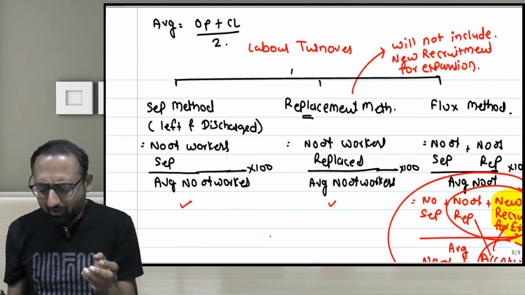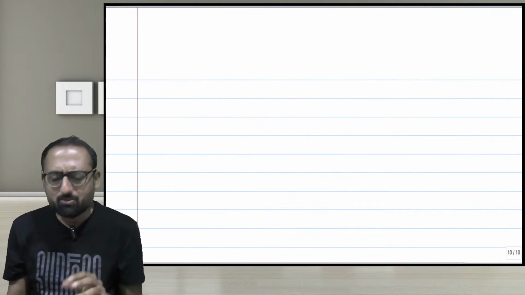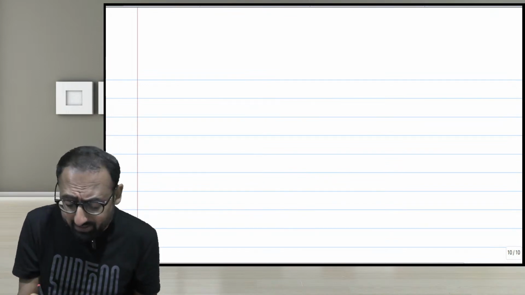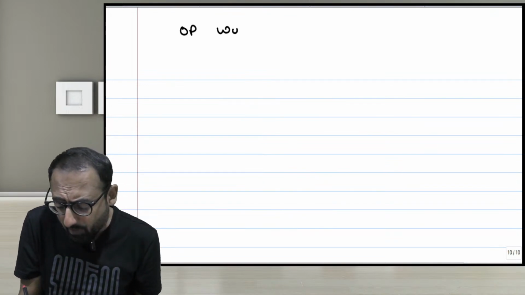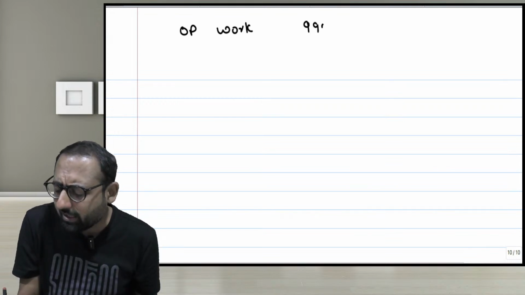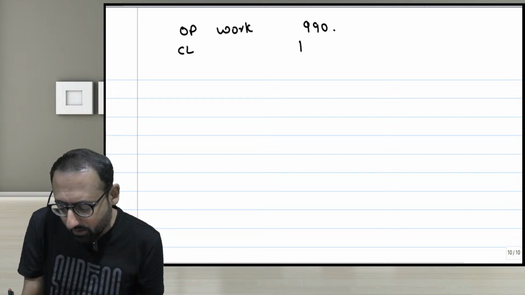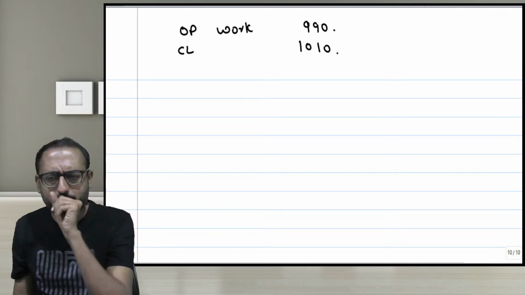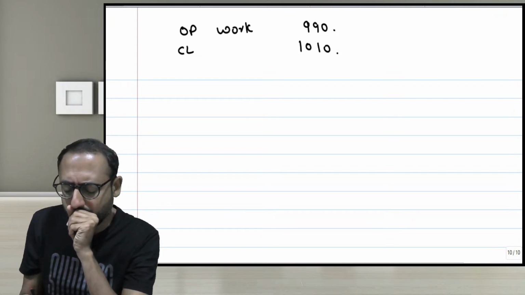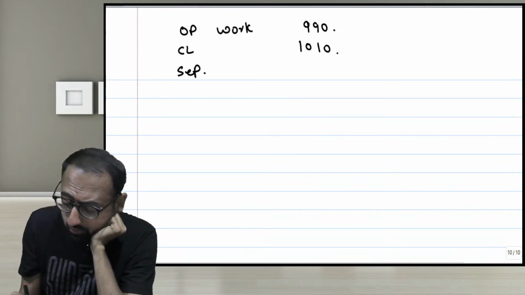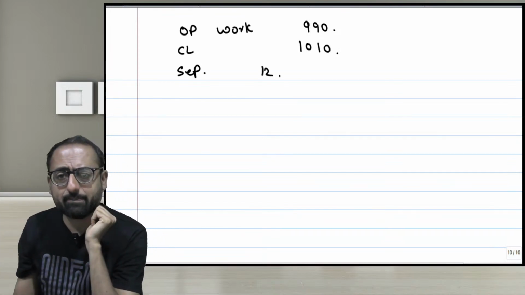Now, I have not taken that simple question. Suppose one simple question can be: opening workers are given, say for example, 990 are the opening workers. Closing workers are given, 1010 is the closing number of workers. Suppose 12 workers are separated.